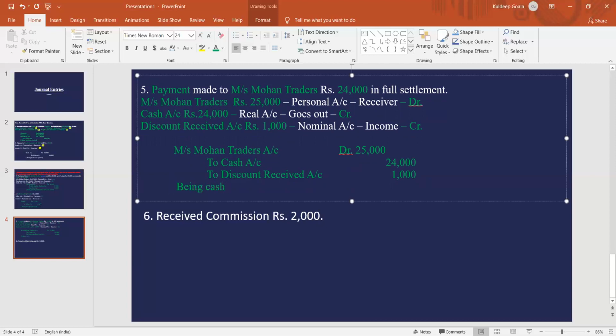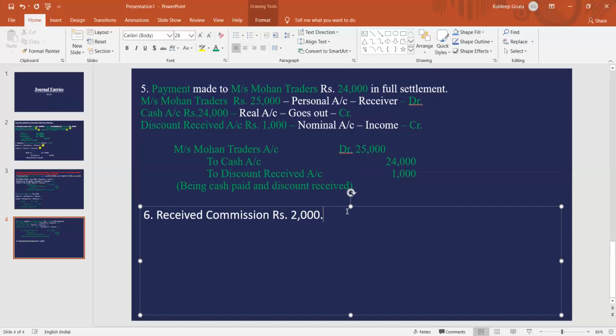Being cash paid and discount received. Is it clear, everyone? That's all is the narration. Now you should remember that if you modify the transaction, if you modify the narration also, that's not a problem. You can write it like this: being payment made and discount received, or being payment made to Mohan Trader. That is also okay. Hopefully you are clear of that.